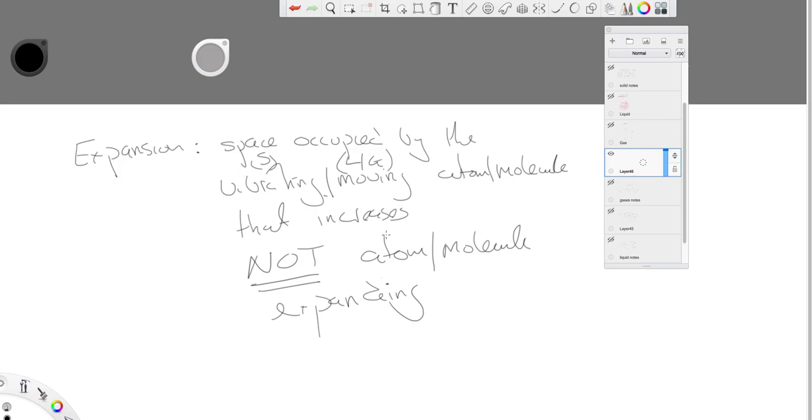So there you have three states of matter. You have solids, liquids and gases. There is a fourth called plasmas. You don't need to know about that, but you might want to go and look that up for yourself if you're interested. Solids, liquids and gases. I have explained the arrangement of the atoms and molecules in them. I have explained the properties of them because of the arrangement and the bonding.